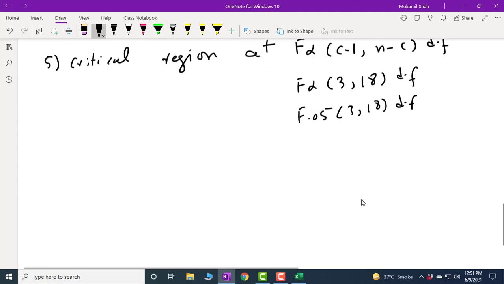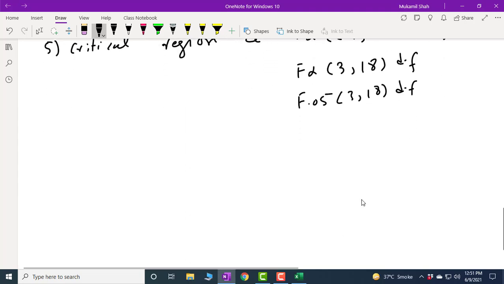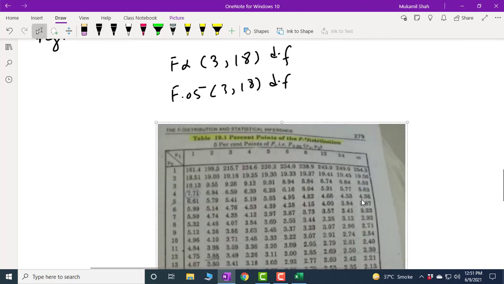So you have to use the F table for 5% level of significance, which is given by this. So look at this. This is a table of 5% level of significance. Now, how do you see the value in this table? This is nu1. Nu1 represents c minus 1 and this is nu2. Nu2 represents n minus c. Since c minus 1 is equal to 3, you have to choose 3 from the row.